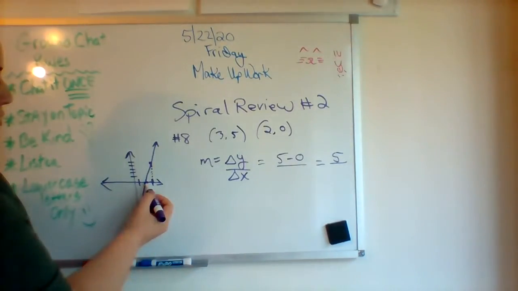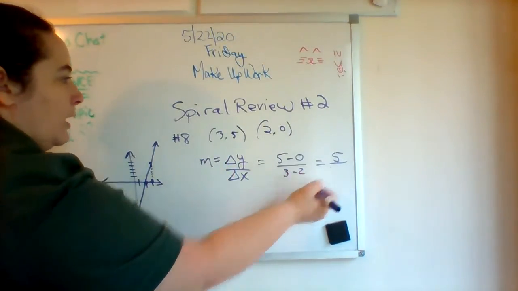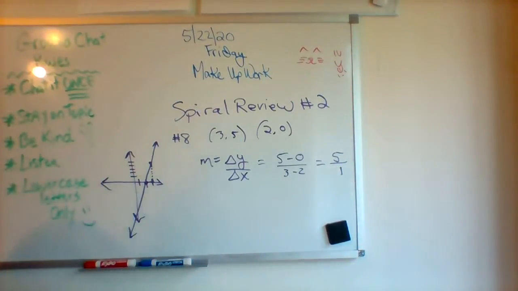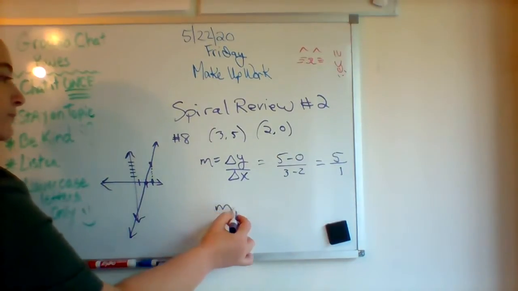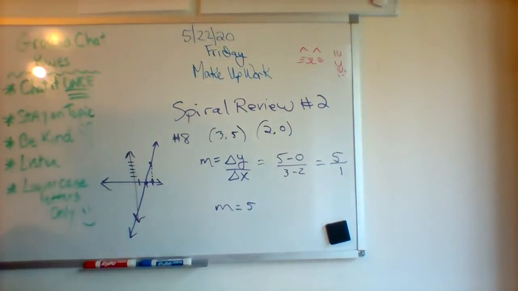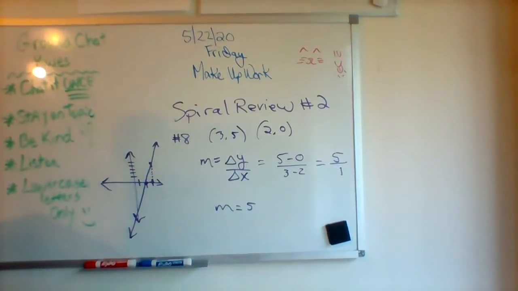How did x change? Over here it was 2, but now over here is 3. Well, 3 minus 2 is what? 1. So what's your slope? Your slope is a positive 5. Never mind. 3, 1. Okay. Are you with me, buddy?